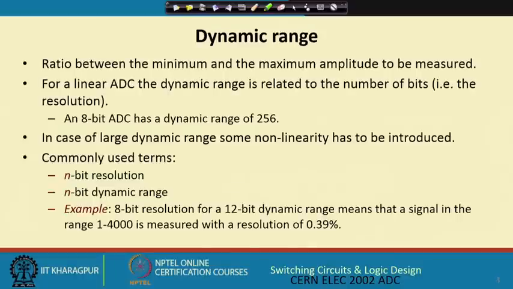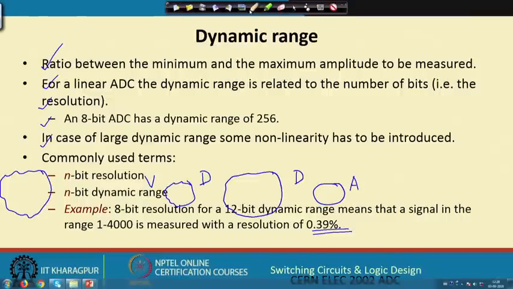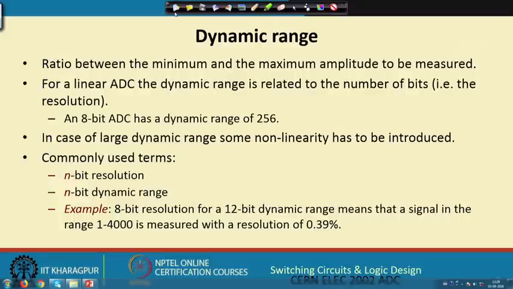Then comes the dynamic range. So, what is the dynamic range of an AD converter? Suppose I have designed an AD converter for some signal. So, at the input there is an analog signal which is coming.